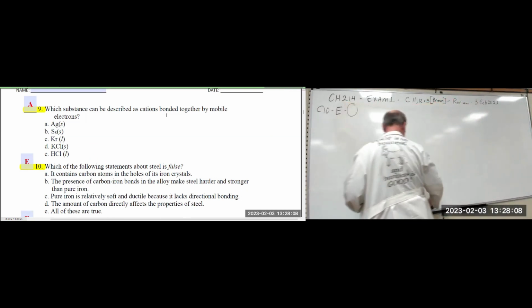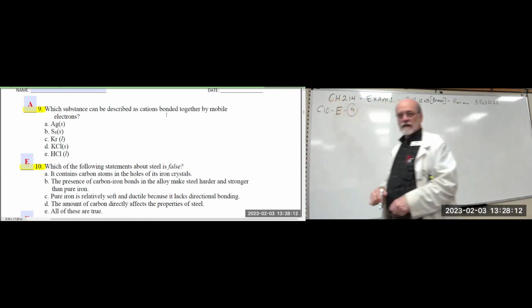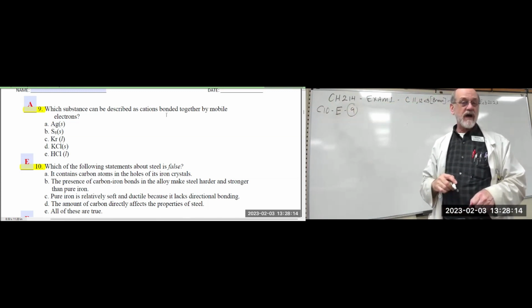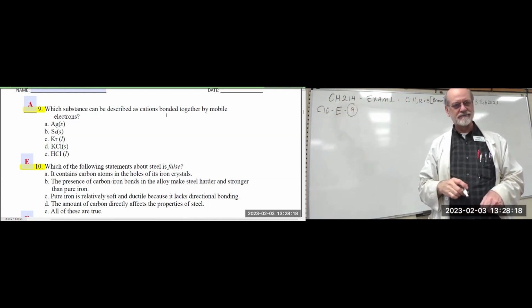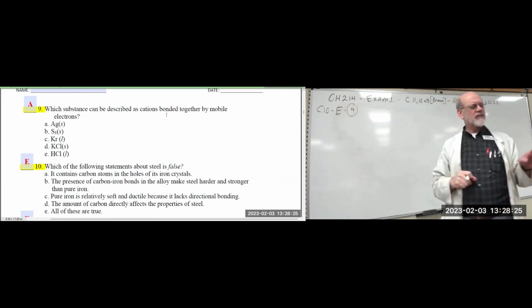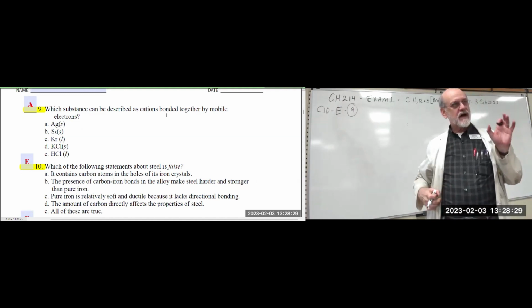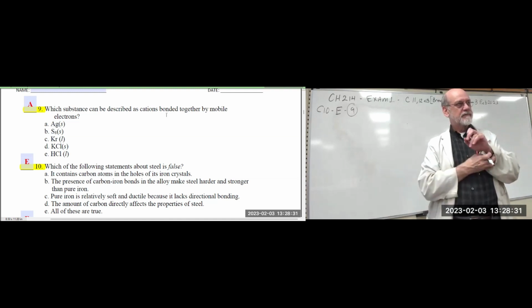All right. Take a look at 9. Which substance can be described as cations bonded together by mobile electrons? Remember that discussion? What you're talking about here is our discussion about how metals bond together.